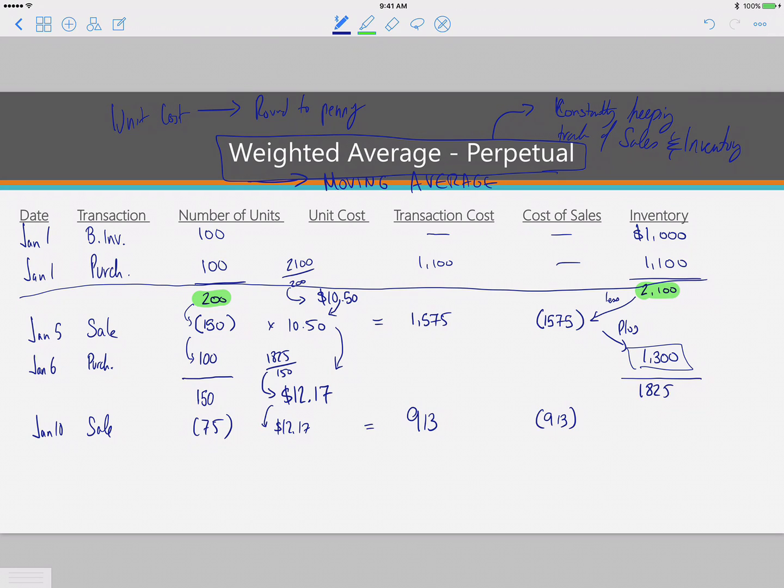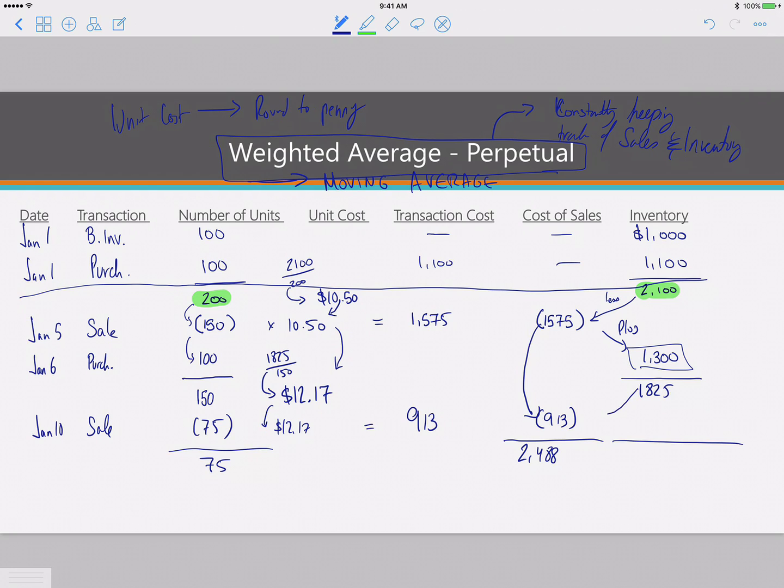So what we're going to do now is we're going to add up each of the columns. So we have 75 units left. And we're also going to add up our inventory and our cost of sales. So we had 1575 plus 1913. So that's 2488 is our ending cost of sales.